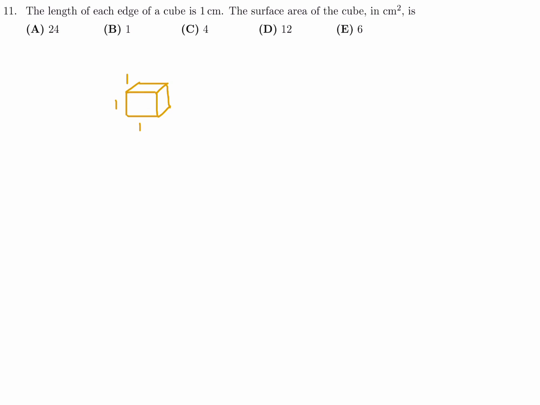And therefore, each face, here's one face, will have an area of just 1 times 1. Now there's 6 faces in a cube, so to get the total surface area, we have to look at all 6 faces, so 6 of those areas, and that would be 6 times 1, which is equal to 6. So the total surface area of the cube is 6, and therefore number 11 is E.